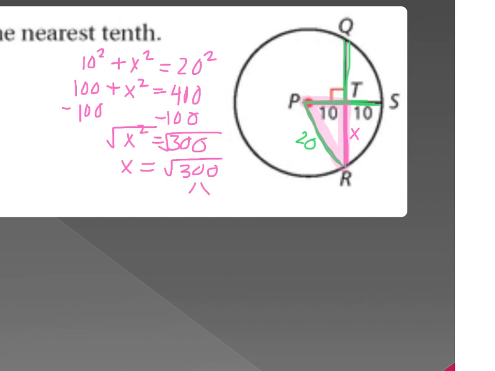So we can break this down into, let's say, 100 times 3. We can break it down more into 10 times 10 times 3. So since we have a pair of 10s, we can take out the 10, so we have 10 square root 3. So this length here is 10 square root 3.